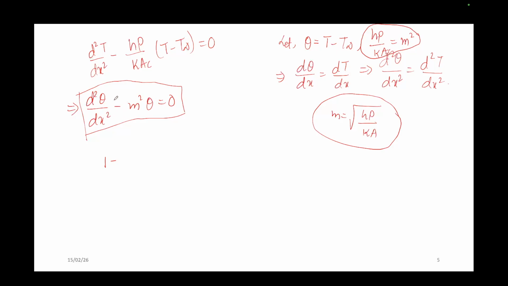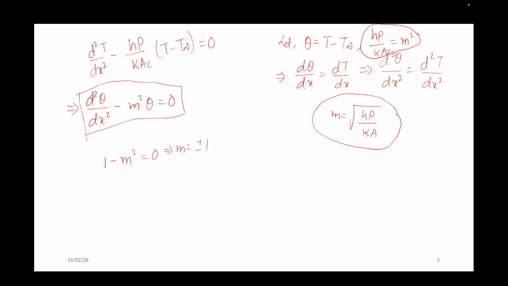Whether any first order derivative is there? So no. You write down all these coefficients of this term, equal to 0. So what will be the m? m is plus minus m.